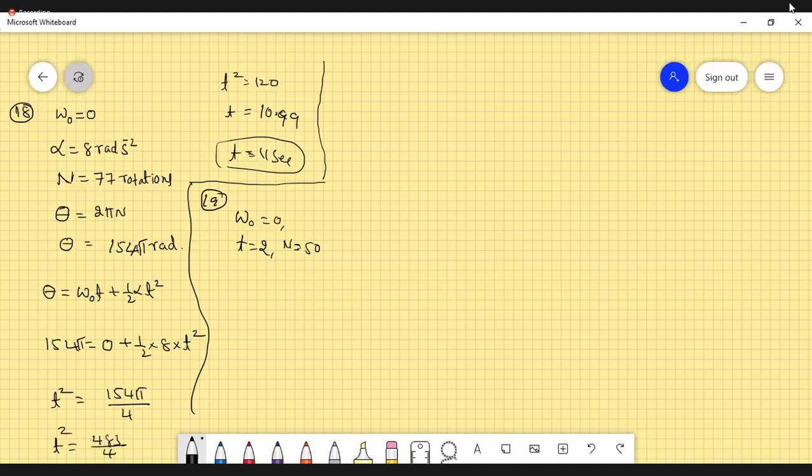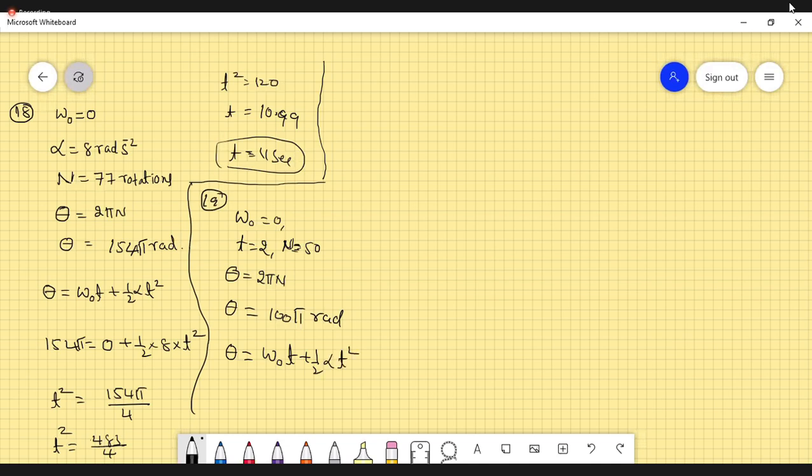First find the acceleration. N equals 50, so the total displacement theta equals 2 pi N, which is 100 pi radians. From the same formula, theta equals omega naught t plus half alpha t square.